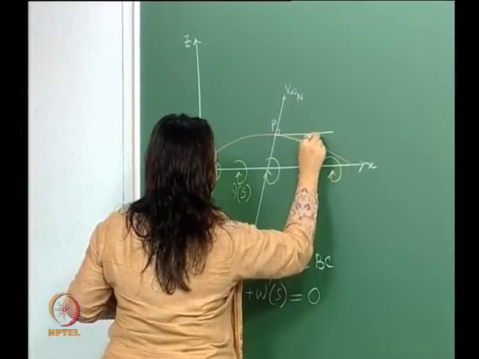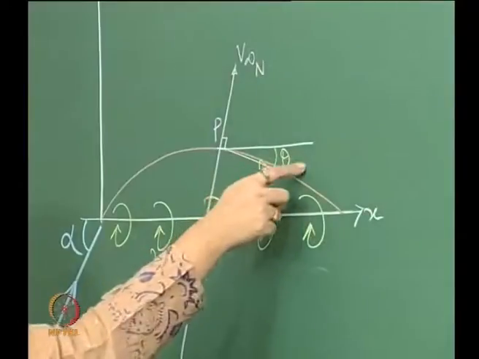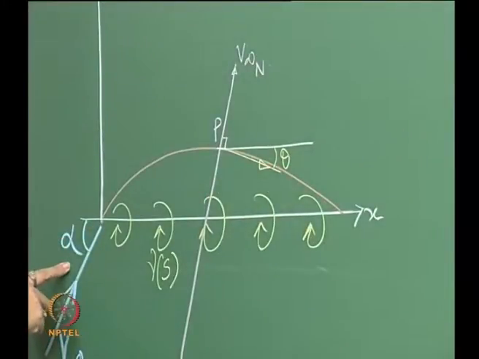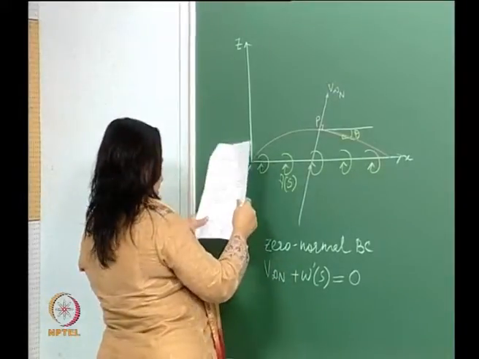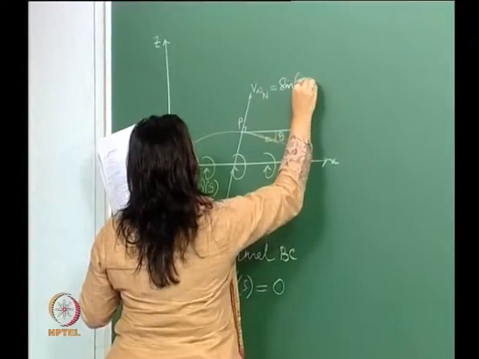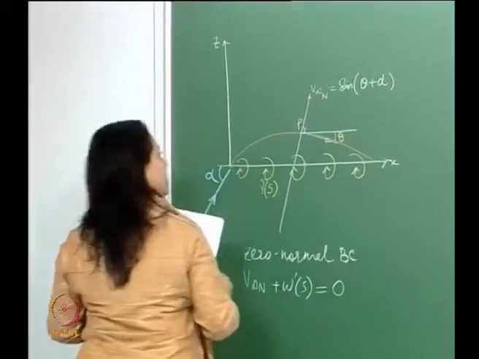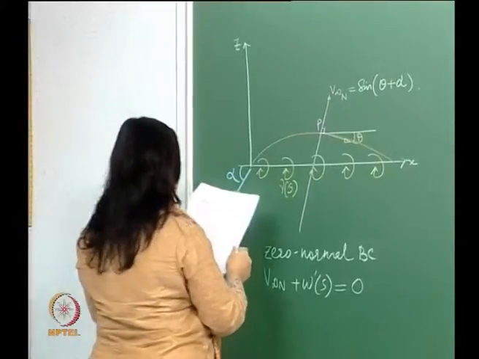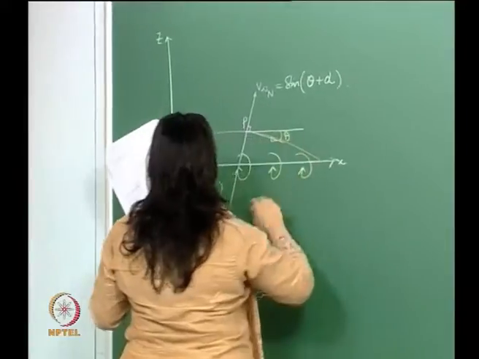This is basically the slope, and this is the angle of attack alpha. Therefore, this V infinity n came out to be sine of theta plus this.